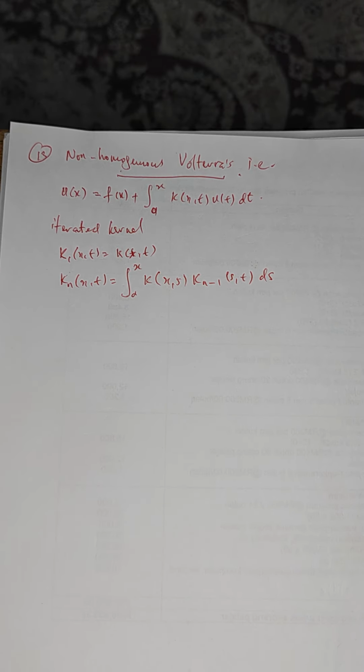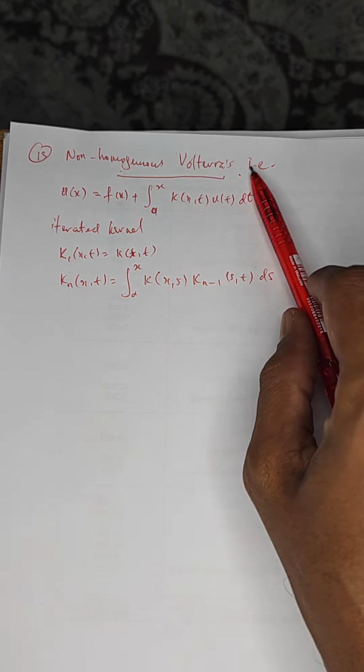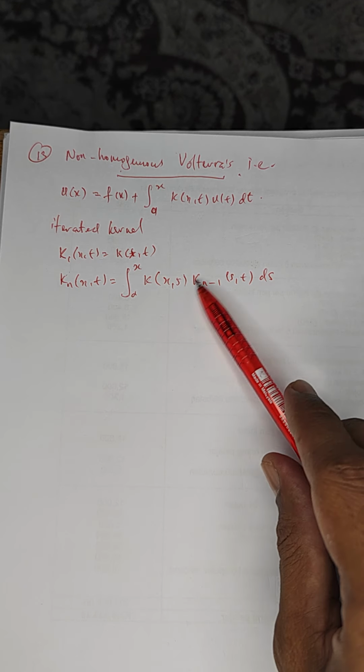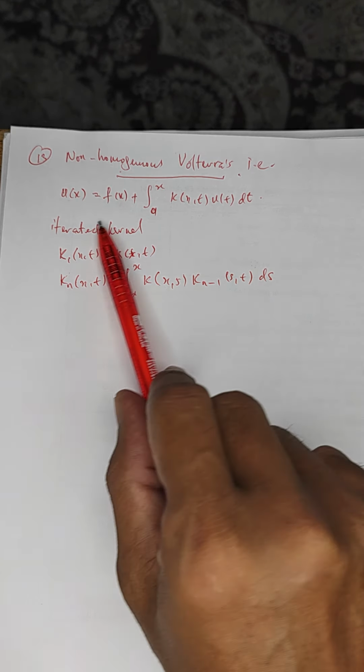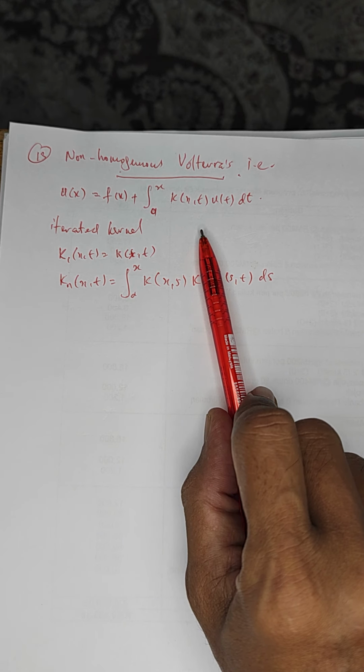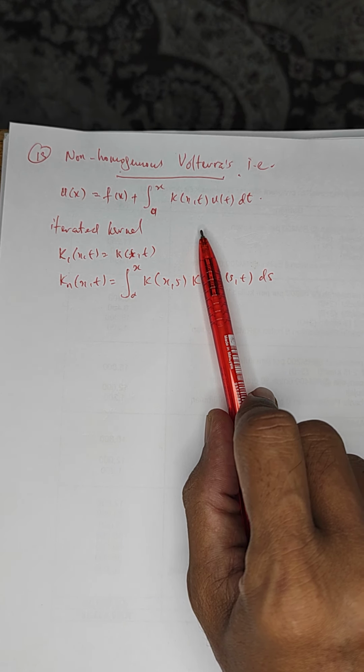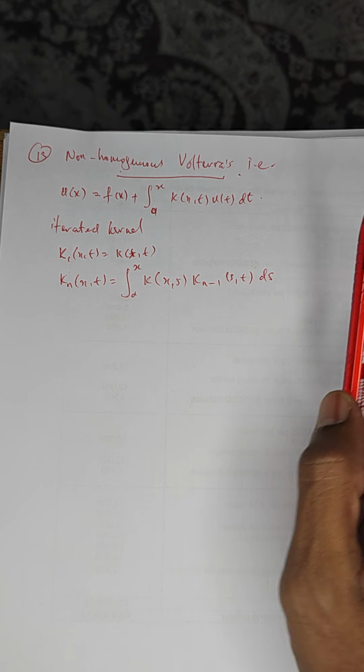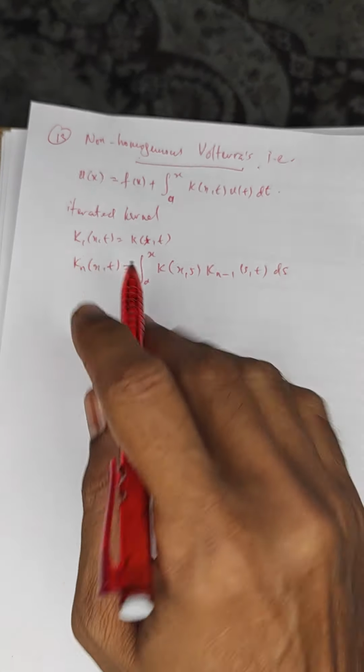So basically the iterated kernel for the homogeneous Volterra integral equation and the non-homogeneous Volterra integral equation is just the same. The iterated kernel for the Volterra integral equation is also called the approximate kernel or approximate function.